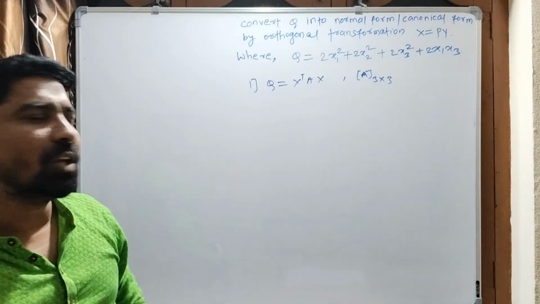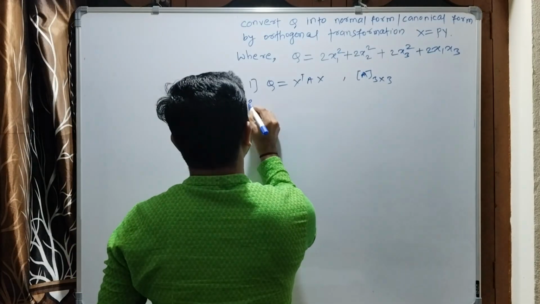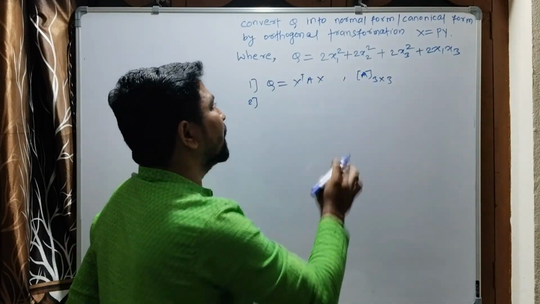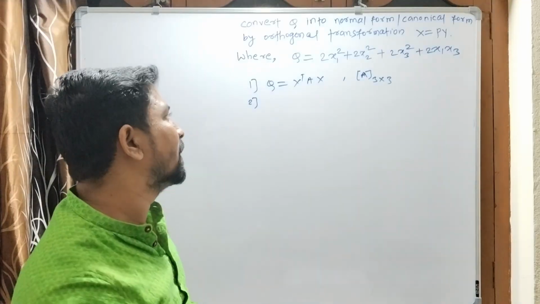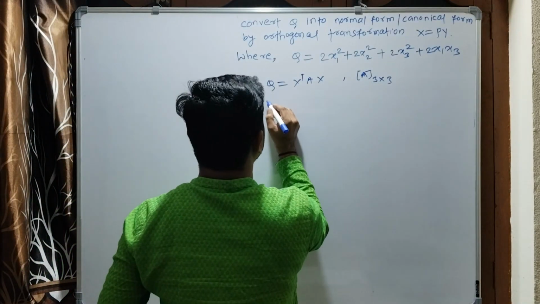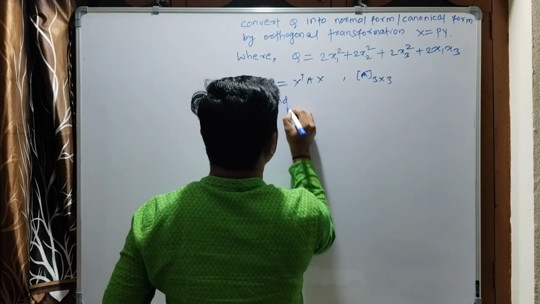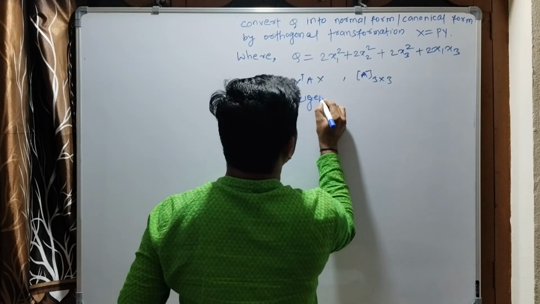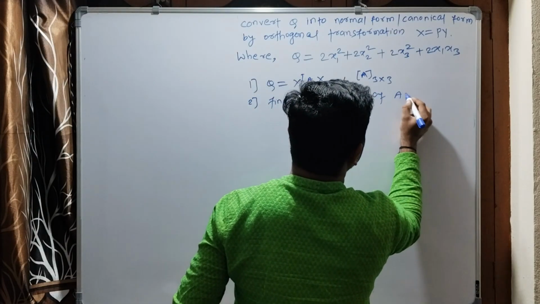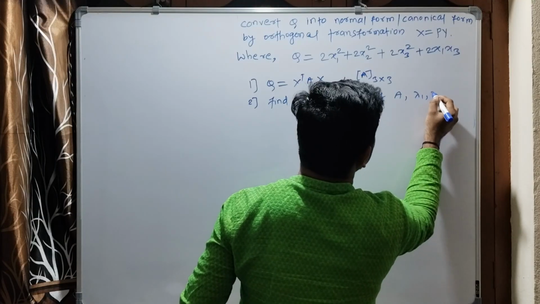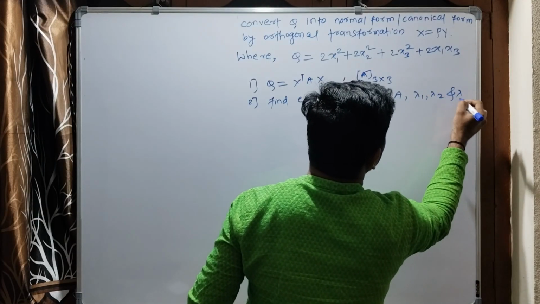Now the second working rule says that after finding the matrix A, find the eigenvalues of this matrix A of order 3 cross 3, or you can say n cross n. Find the eigenvalues of A, say lambda 1, lambda 2 and lambda 3.